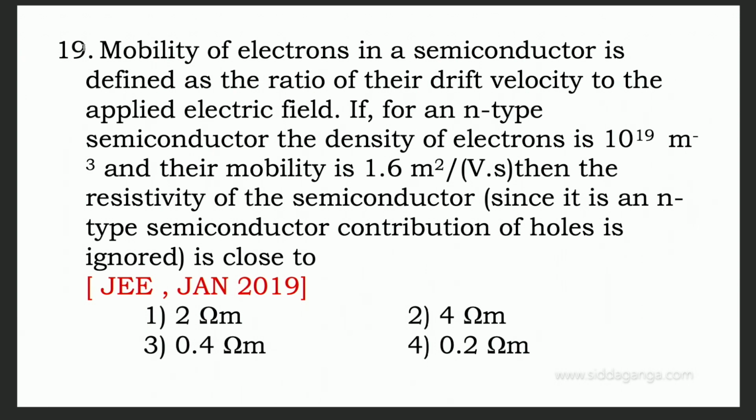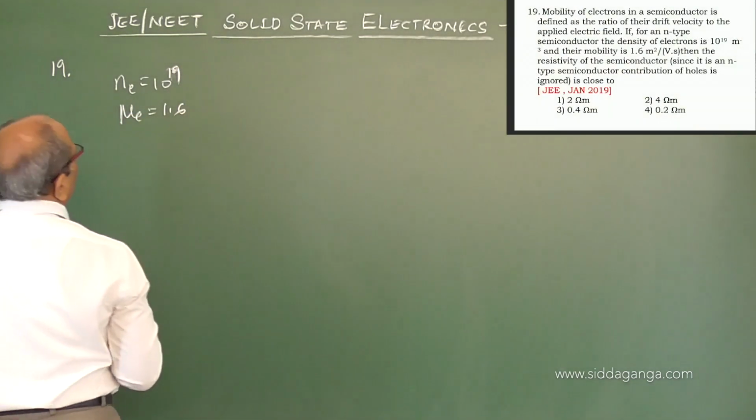If for an n-type semiconductor the density of electrons is 10 power 19 per meter cube and their mobility is 1.6 meter square per volt per second, then the resistivity of the semiconductor, since it is an n-type semiconductor, where the contribution of holes is ignored, is close to. This question appeared in the January 2019 paper.